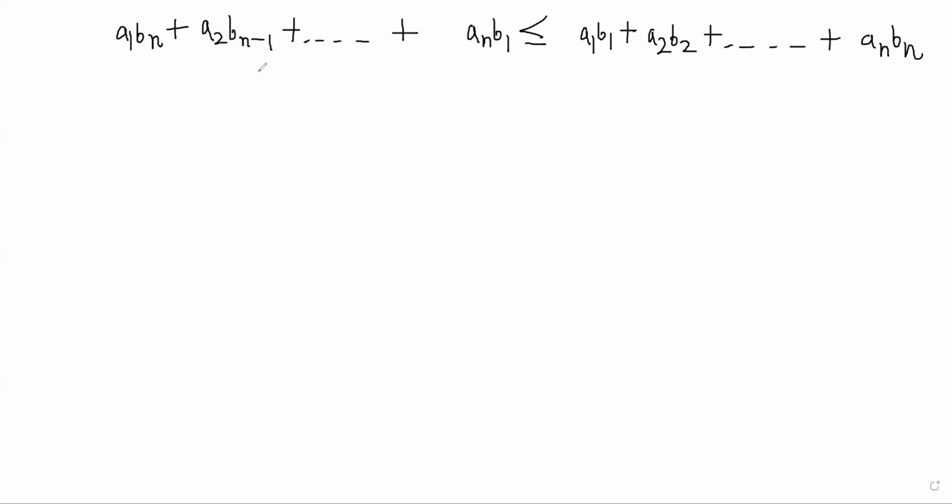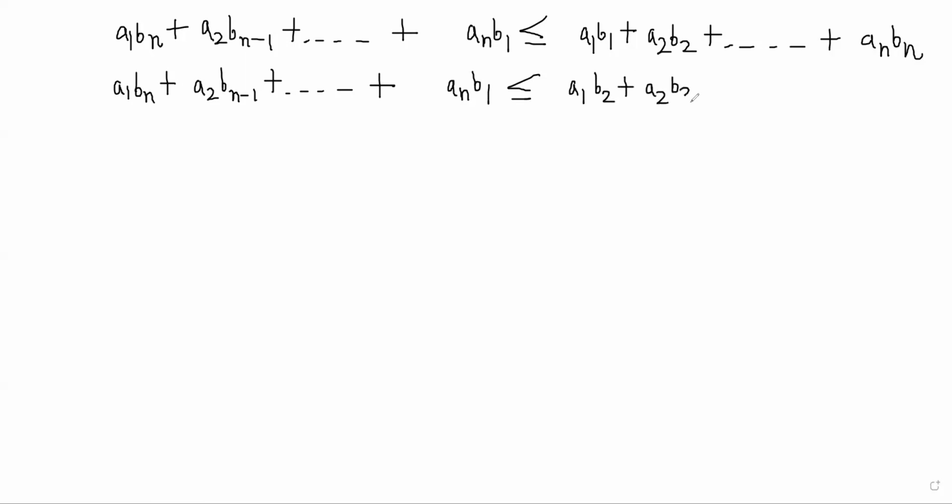Now what we do here is we add another rearrangement here. We say that a1 bn plus a2 b n minus 1 and so on till an b1 is also less than or equal to, this is a slightly different arrangement, a1 b2 plus a2 b3 plus an minus 1 bn plus an b1, right?